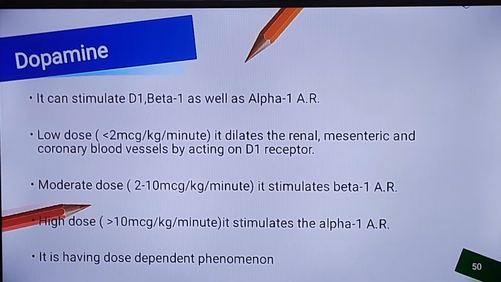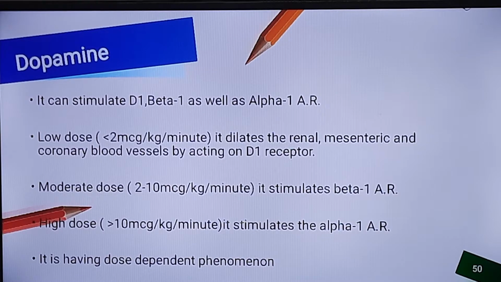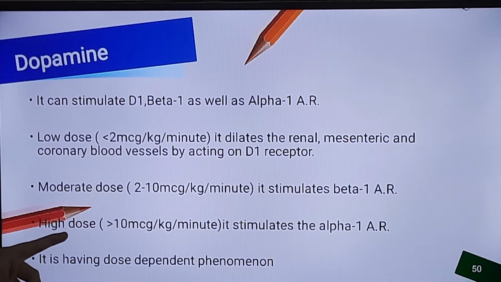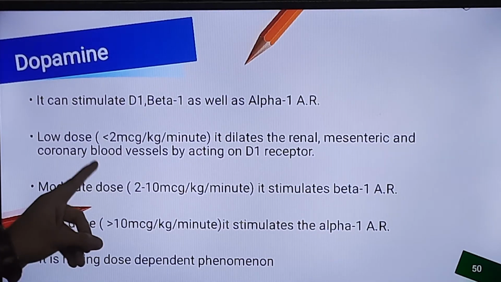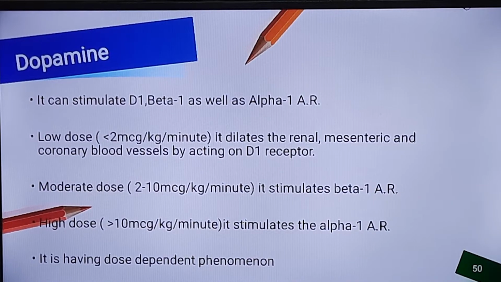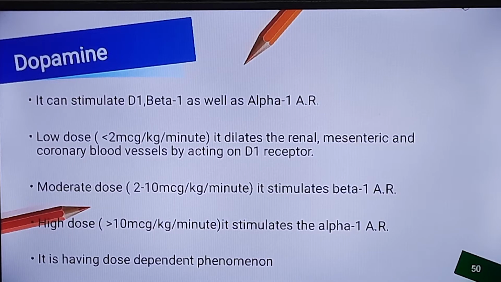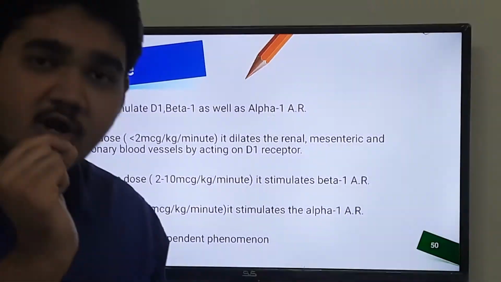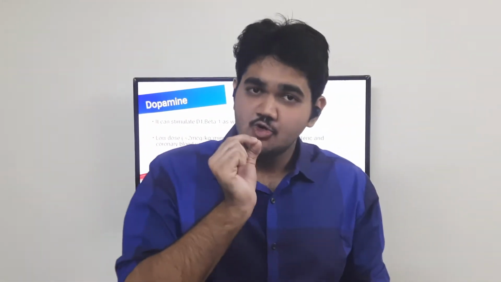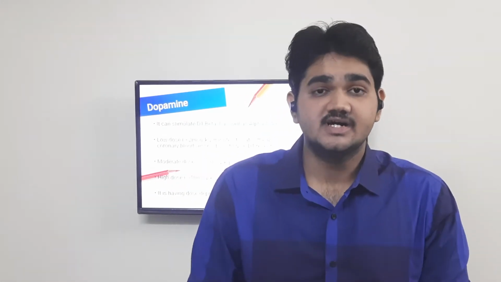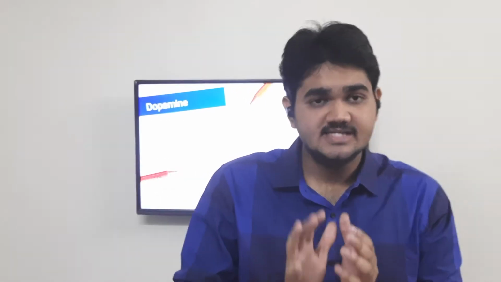Now, let's increase the dose. If we give dopamine in the range of 2 to 10 microgram per kg body weight per minute, our dopamine gets an add-on quality to stimulate our beta-1 adrenergic receptor. Now, in a moderate dosage, our dopamine gains an add-on quality of stimulating our beta-1 adrenergic receptor.